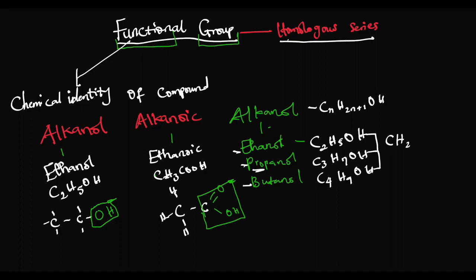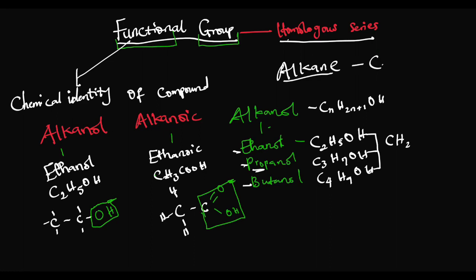So it's worthy of note that the simplest homologous series, or let us say the functional group, is the alkane. The alkanes are the simplest, right? The alkanes are the simplest. This video should be able to cover alkane. You should know that.